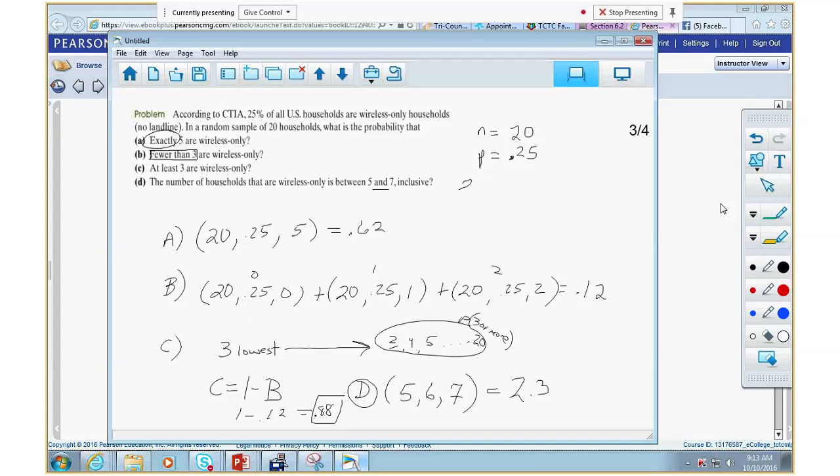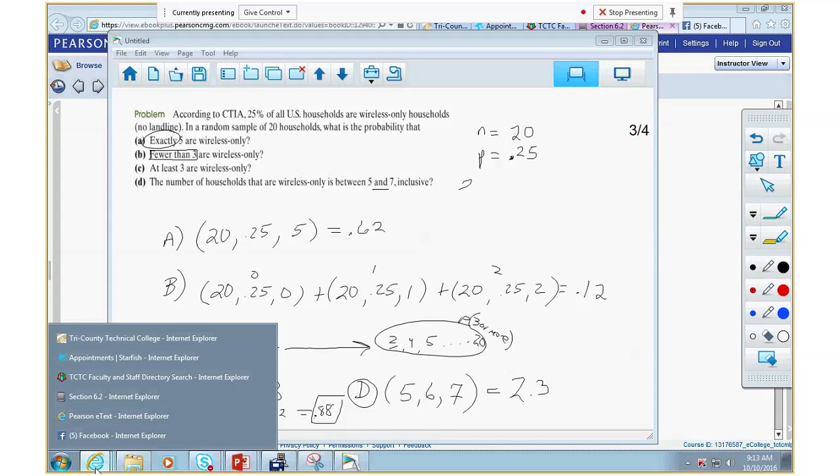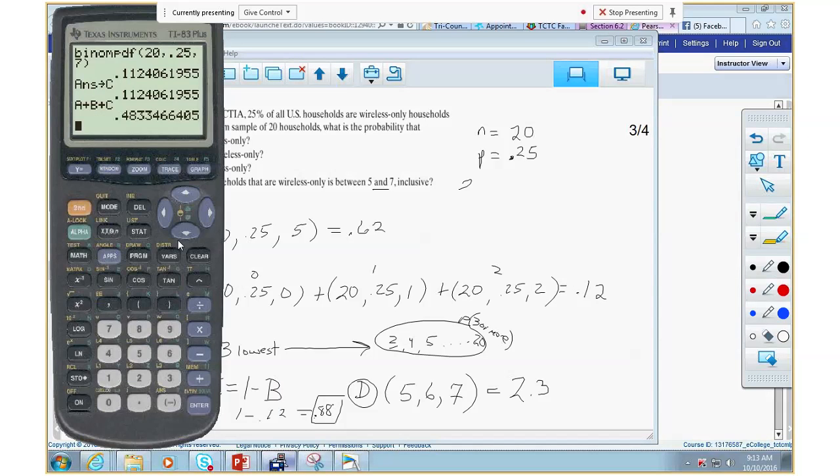I don't know. Let's redo them, since I suck and hit the wrong button. Second entry, second entry, second entry. First one was 5. You're right, 0.20.